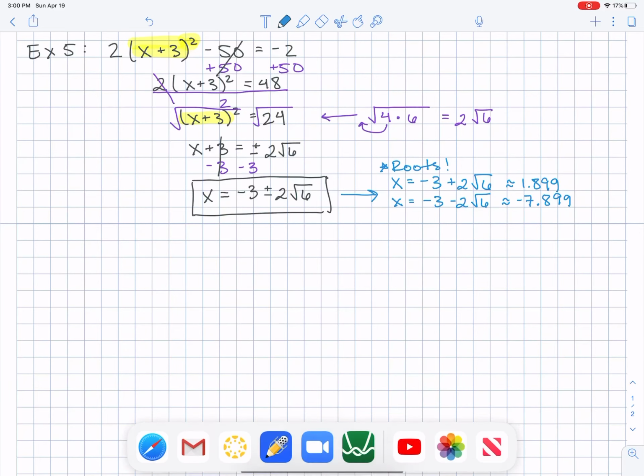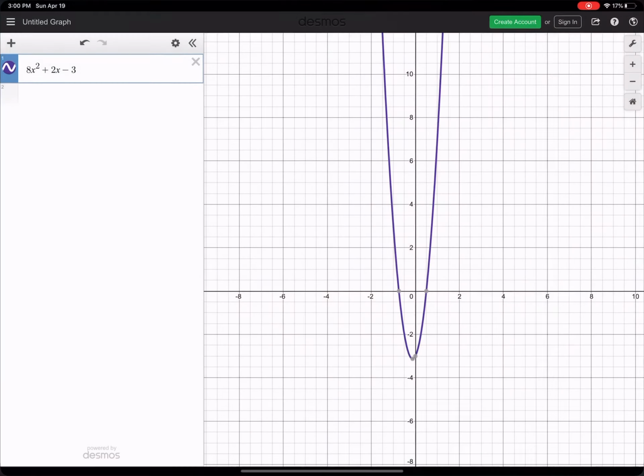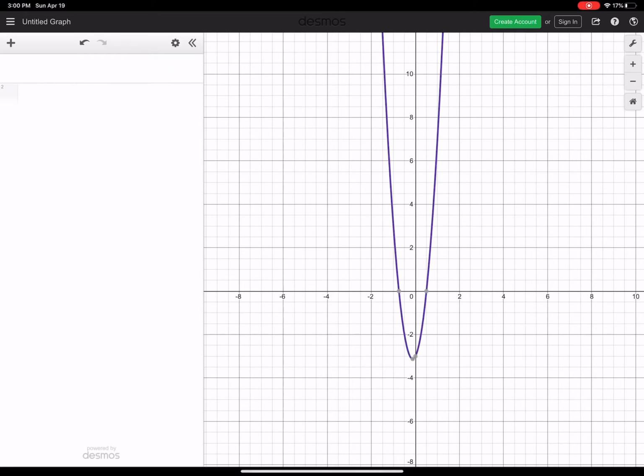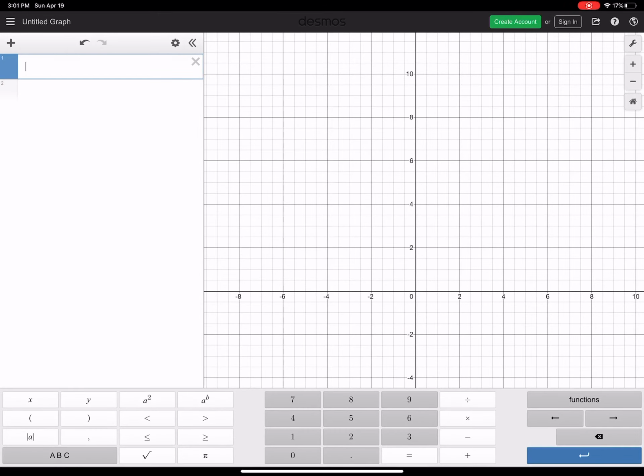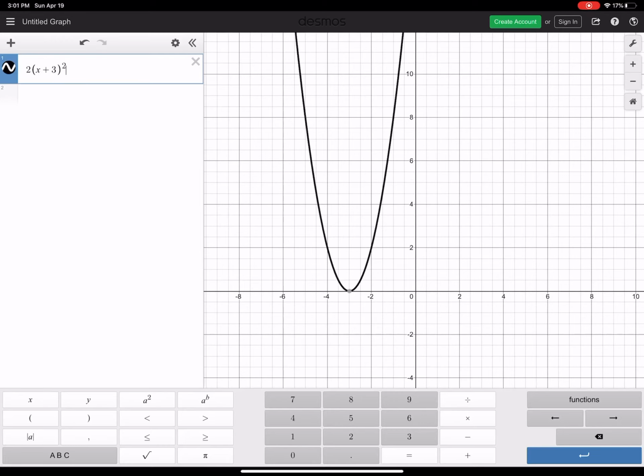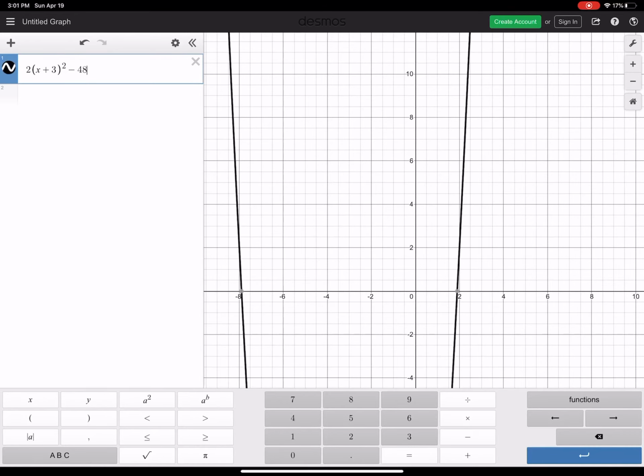Let's prove it to ourselves here. I'm going to pull up Desmos, and I'm going to get rid of this equation. I am going to have 2 times (x + 3) squared minus 48, because I have to set it equal to 0.